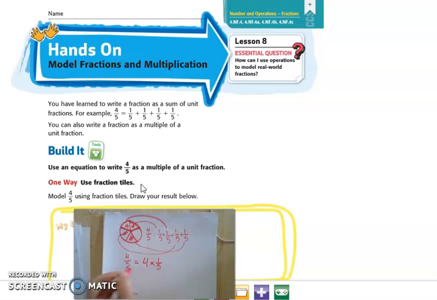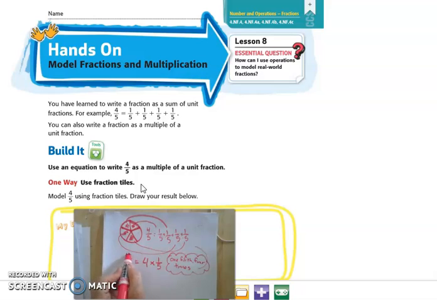Because basically this is saying 1/5 4 times, which is what this picture is showing. It's showing 1/5 4 times.